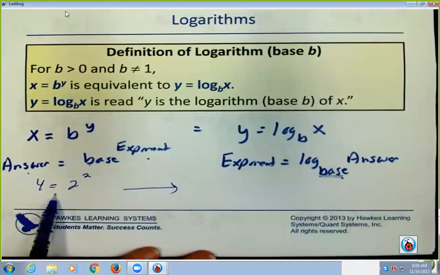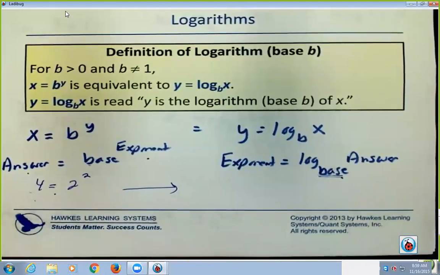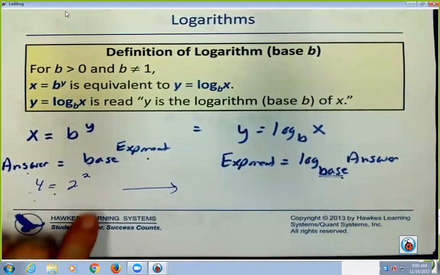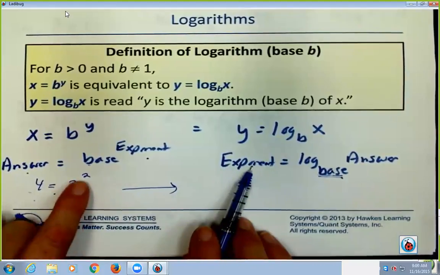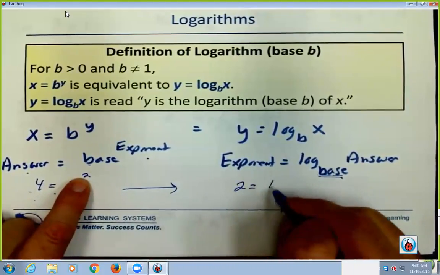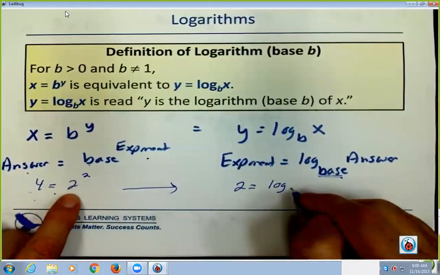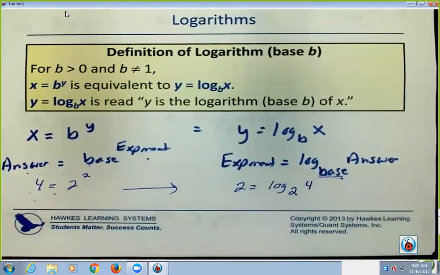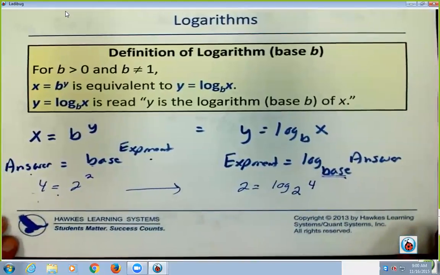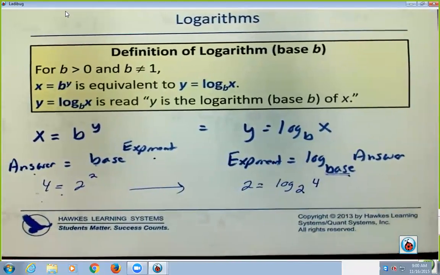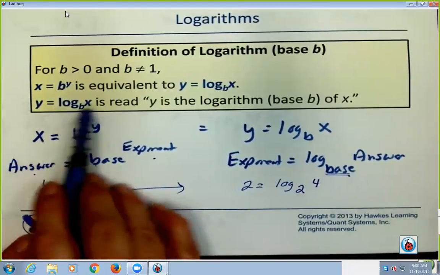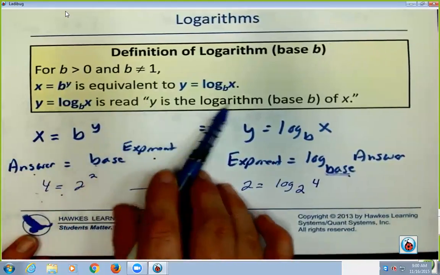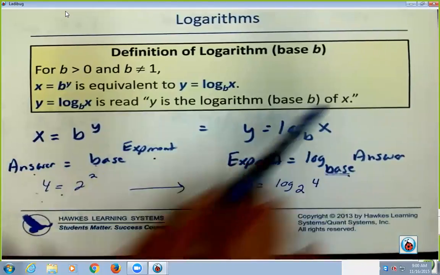So I would say my exponent is 2, log, my base is 2, and my answer is 4, and I've turned it into logarithmic format. Not hard, just remembering where your pieces fall into place. It's read, y is the logarithm base b of x.